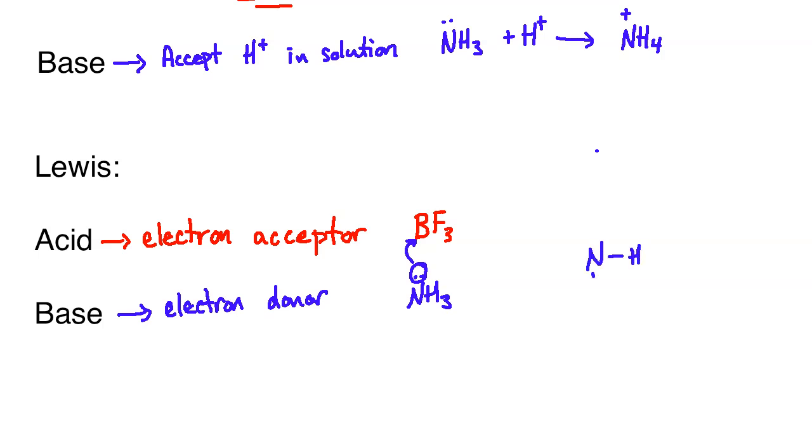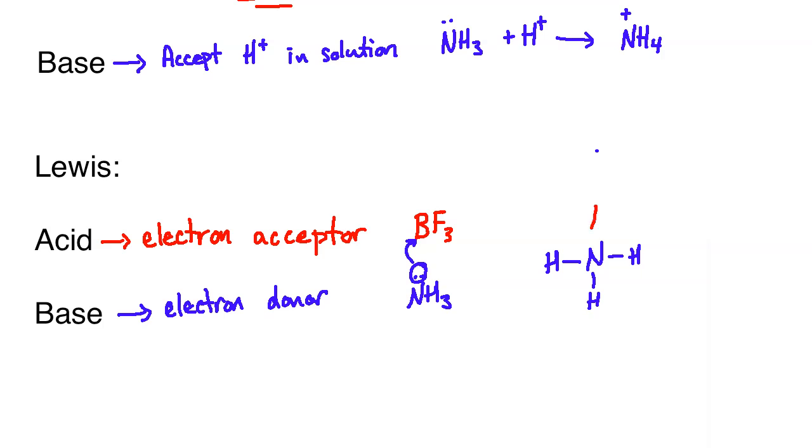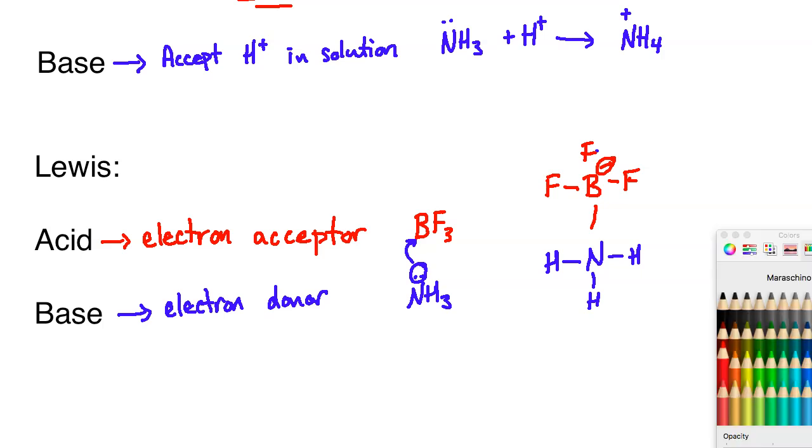And you could end up with a complex that looks like this. You've got the NH portion. It gave away some electrons, and then you've got the boron portion here. The boron accepted. So if something is neutral and then it accepts electrons, it's going to become negative. And if something was neutral and it donated electrons, it is going to be positive.